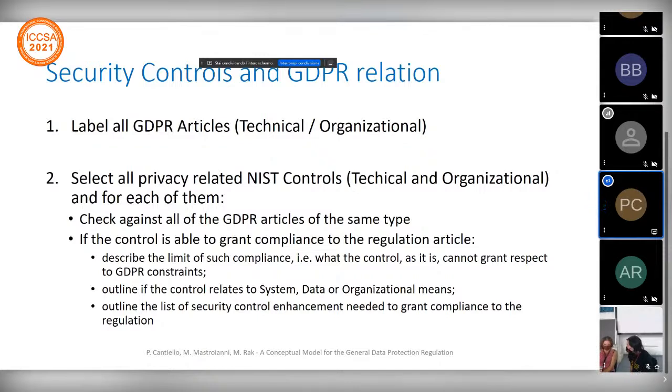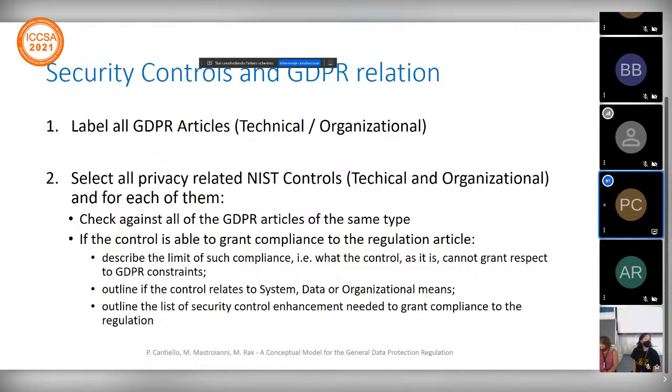For all articles, we have selected all privacy-related NIST controls, technical and organizational ones, and for each of them, we have checked against all the GDPR articles of the same type, finding if this control can be used to grant compliance to the regulation or article.